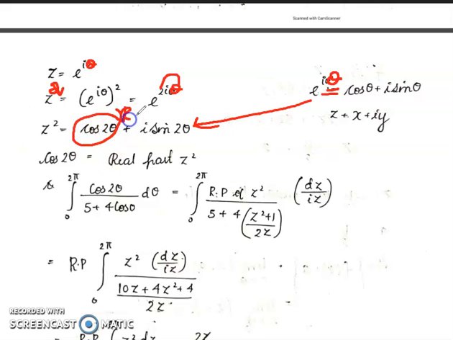This is the real part and this is the imaginary part. So in our question we have cos 2θ, that is the real part of z square.